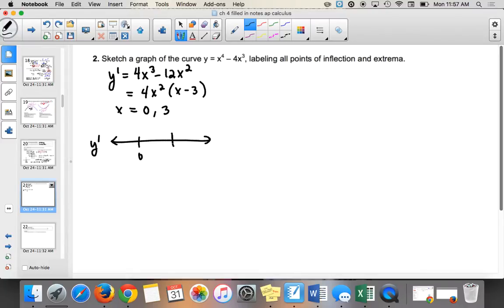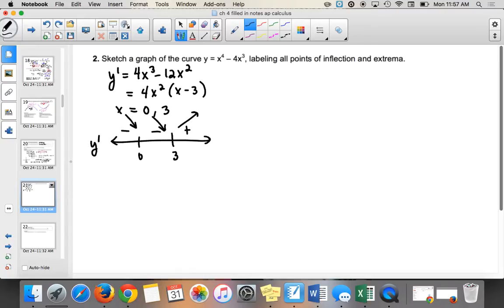I'm going to put 0 and 3 on my number line, and I'm going to test y prime. So I'm going to test negative 1. Negative 1 gives me a positive on the outside because it's squared anyway, right? And then negative 1 minus 3 is negative, so I get a negative. If I try 1, I get positive times negative is negative. And if I try 4, I get positive times positive is positive. So I'm going down, down, up.